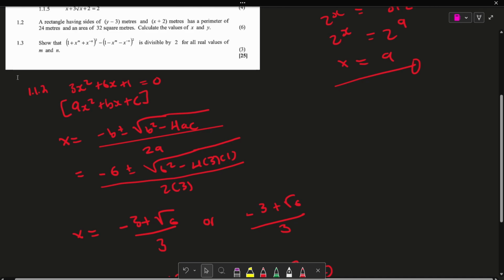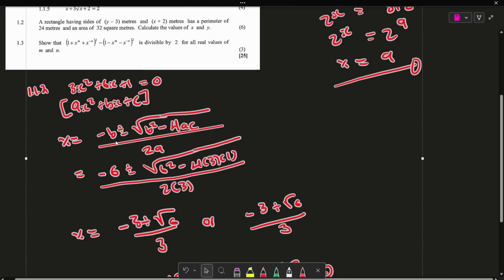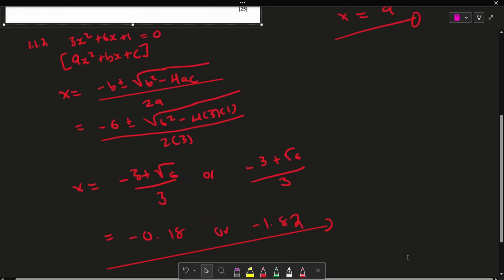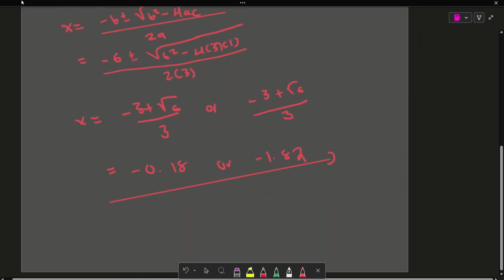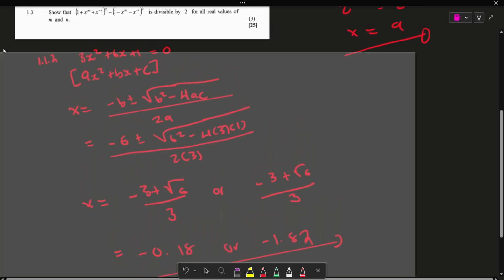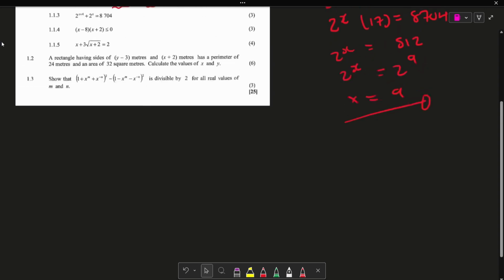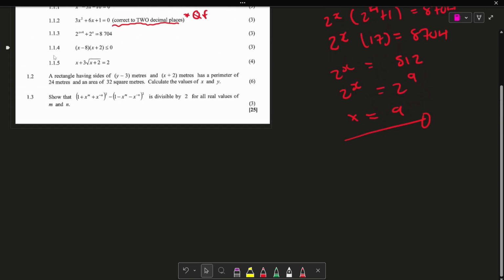Okay, let's remove this one so that we can create space to do the other questions. So now we have, since it's already in factor form, that's why it's actually 3 marks.